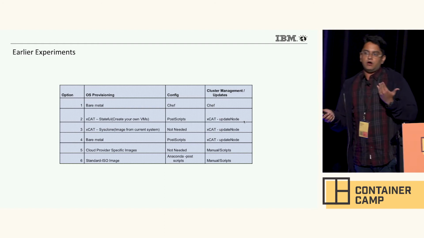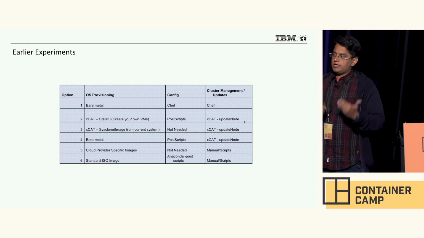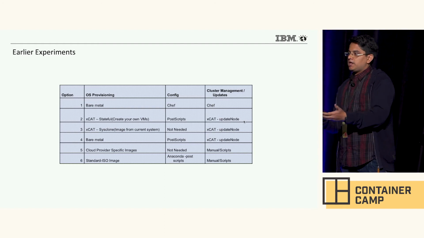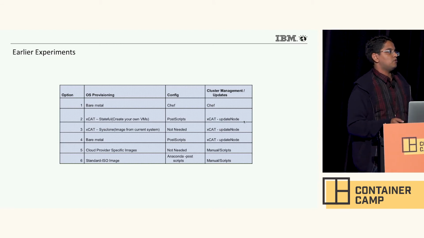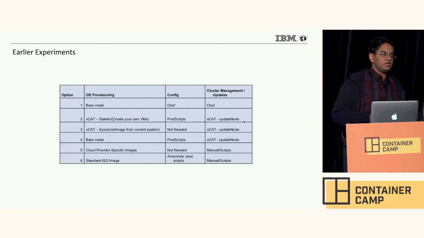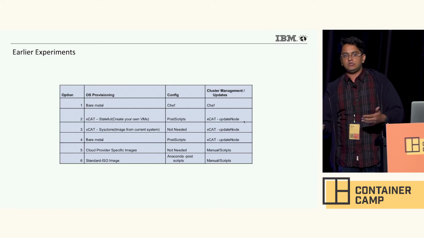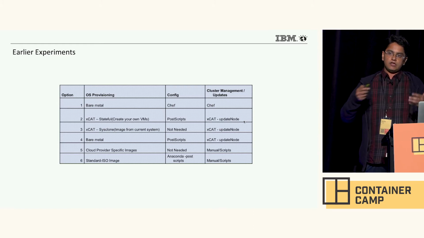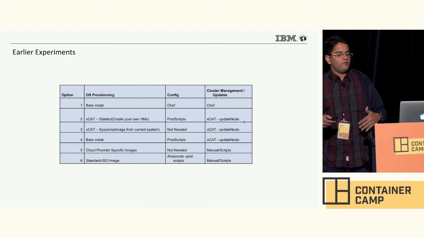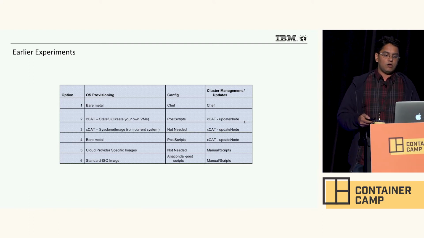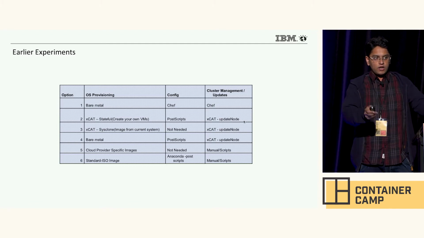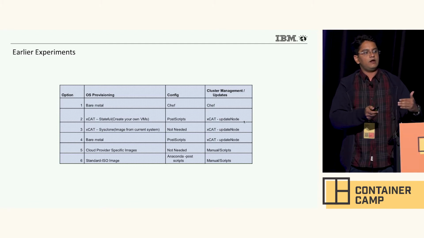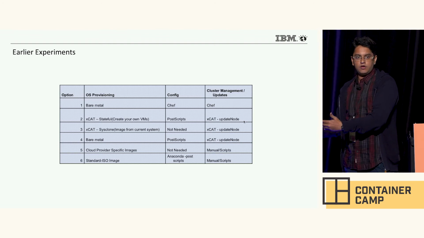So even before boiling down to the container technology, we have done some experiments around other technologies. We have explored the usage of Chef, and we have built some recipes which we are laying down on the bare metals to create those clusters. We have also experimented around something called XCAT, which basically takes a golden image of a running VM and replays that image on other VMs.